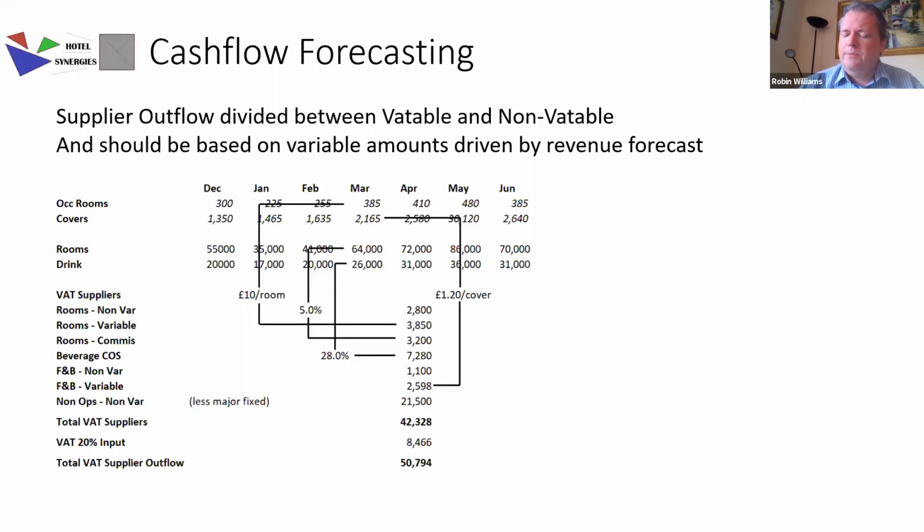The only one where I'd say would be different is obviously commission on room bookings, where you would base a percentage of your revenue, and that tends to be fairly constant as well across the months. Most places have a certain dependency on the OTAs, and if not, then you'll soon learn which months have more dependency and less dependency, and that will obviously affect your commission payments, and you can build that into future forecast.